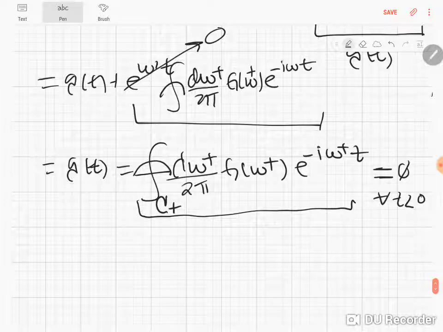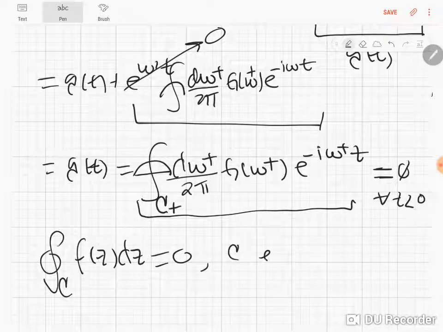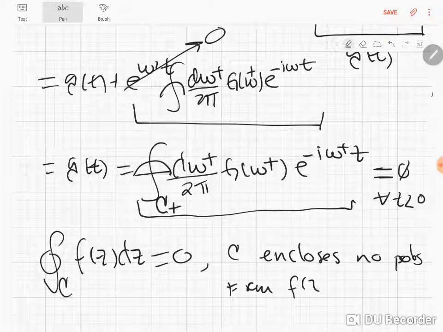From the Cauchy theorem, we know that an integral over a closed contour C of some complex function f of z dz is 0 when C encloses no poles of f of z.